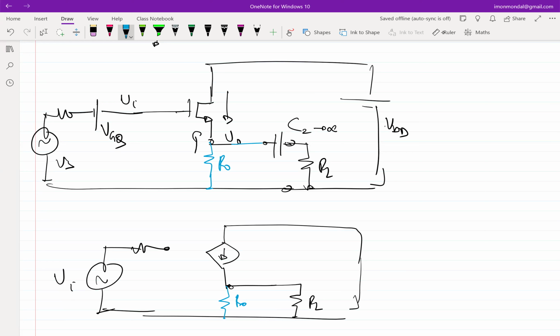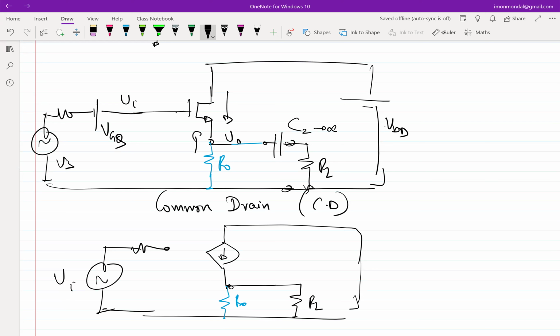Okay. Fine. So this type of architecture has a name. It is often called a common drain architecture, right? Again, common means grounded in the incremental domain. Here you see the drain is incrementally grounded.